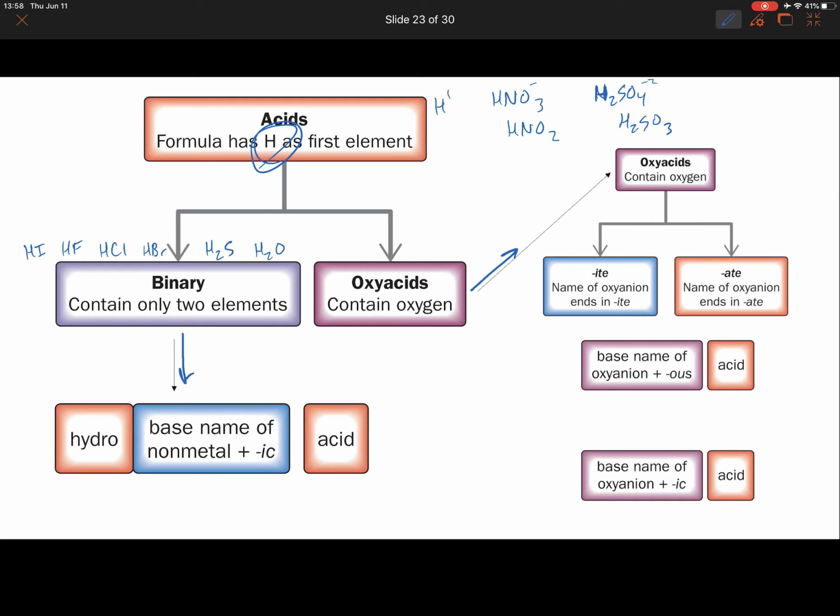Hydrogen itself is a +1, so remember it's right there in column 1. So in order to cancel out the charges, we need to add an extra hydrogen. Phosphate was PO4 3-, so H3PO4 for phosphate or phosphoric acid. So these are oxyacids. They are acids that contain oxygens. Let's go over the naming.